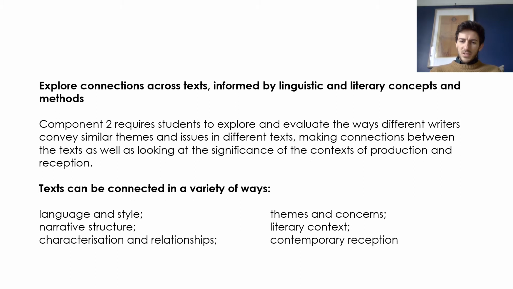The context in which they were writing, and the contemporary reception, the way we view them now in 2020 and 2021 next year when you'll be writing about them. These are all connections between these texts, and you are comparing all of them. So you have a broad range of things to choose from. You're not just limited to looking at the words in front of you on the page.